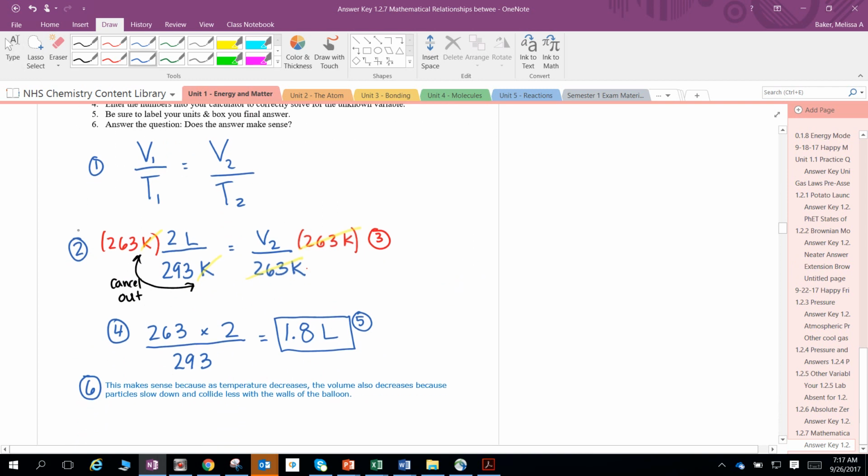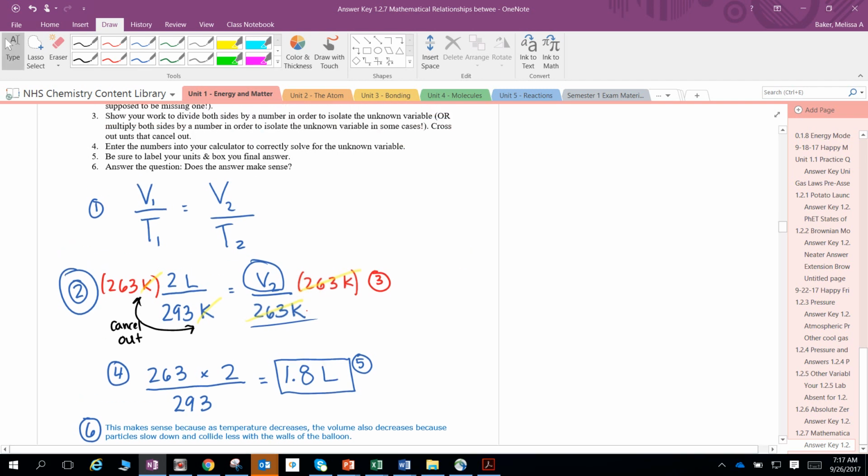So first focus just on the blue writing in number 2. We set this up, 2 liters at 293 Kelvin is equal to an unknown volume, but the temperature went down to 263. So what we need to do to solve for this and get V2 by itself is we need to multiply both sides by 263 because that will get rid of it from the bottom here.